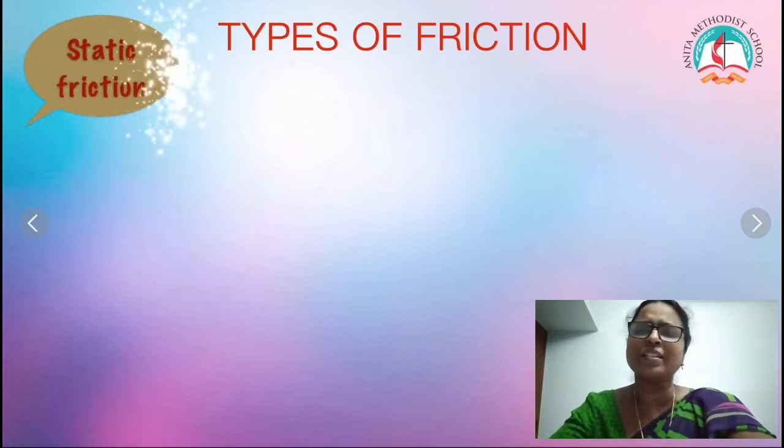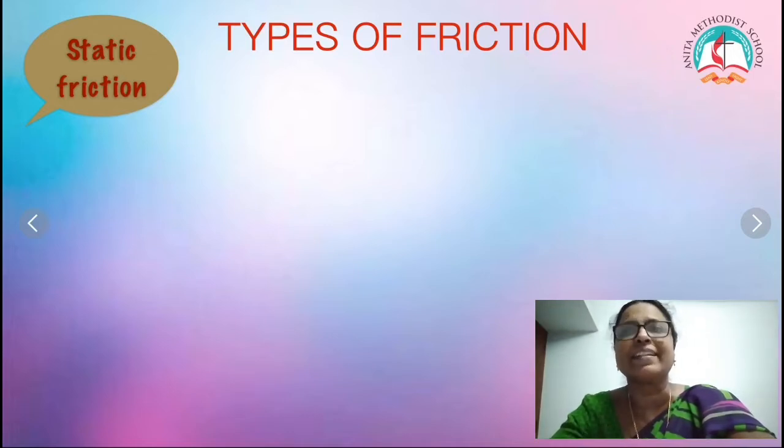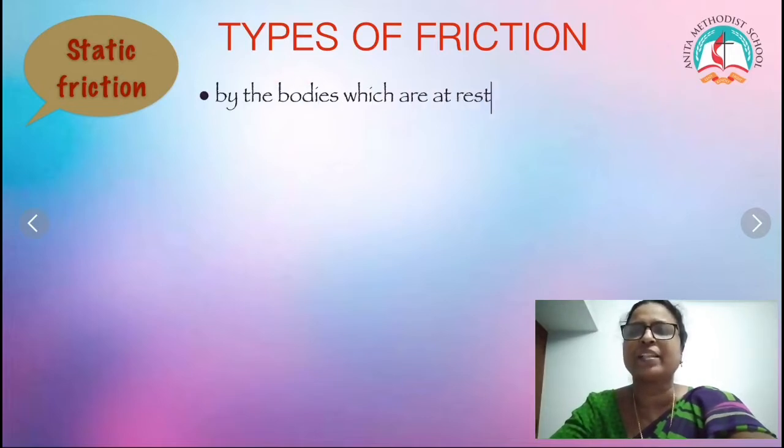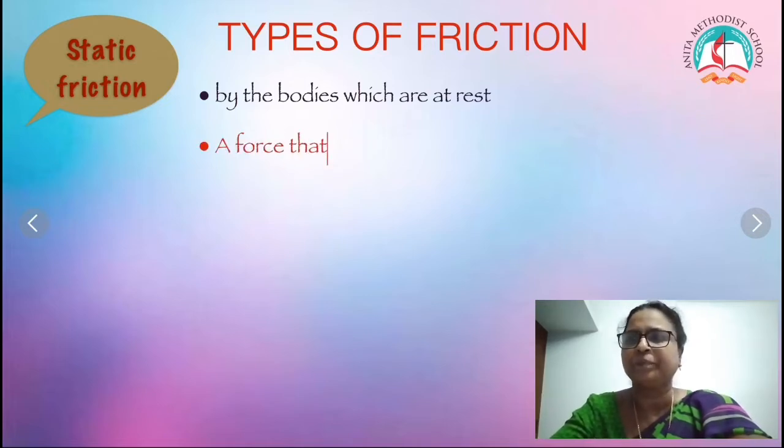Okay. So what is static friction? The friction experienced by bodies at rest is called static friction. Here you can see that the bodies which are at rest experience static friction.